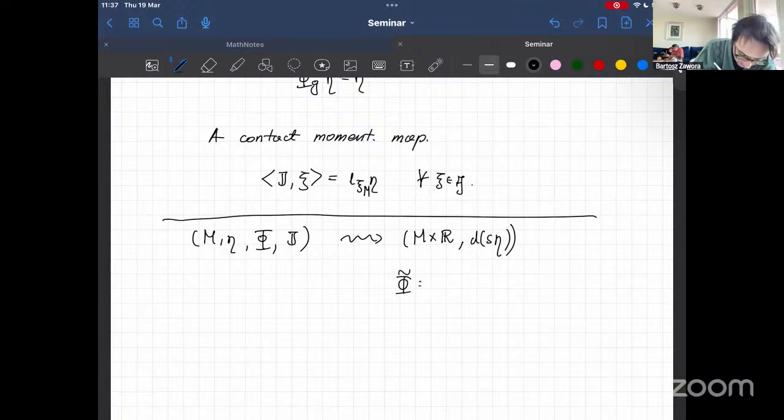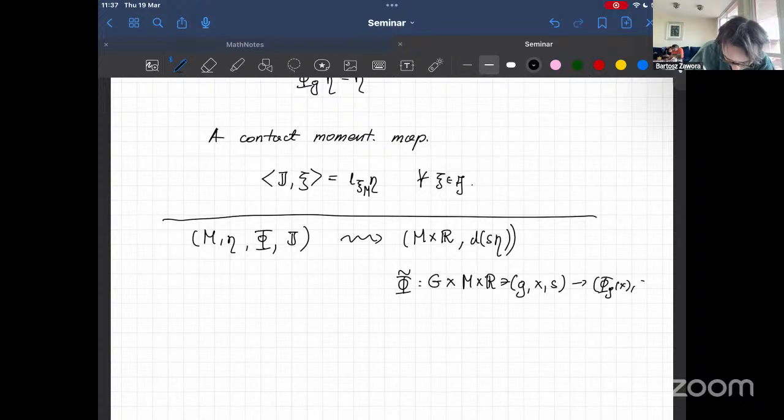We can extend the Lie group action on M times R in such a way that it doesn't affect the s coordinate, so it's just g of x. We extend in a trivial manner, and we do something similar with the symplectic momentum map: (s, x) maps to s times J of x, which is of course in g star.